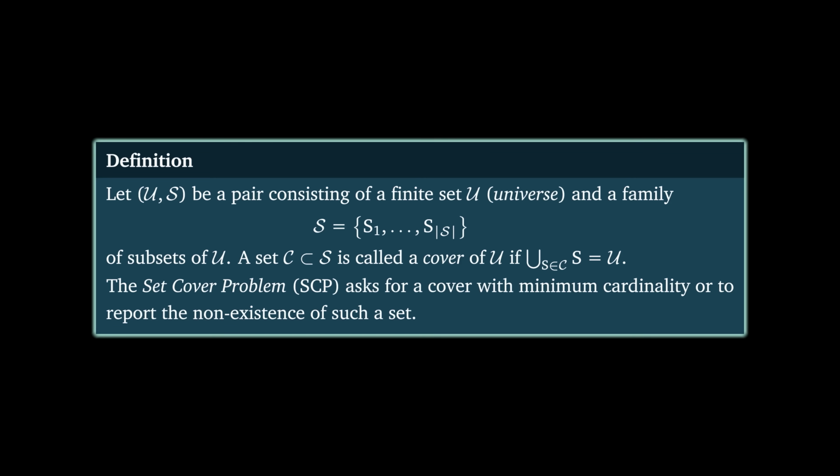In the set cover problem, we are given a finite set of elements called the universe, usually denoted by calligraphic U. Additionally, we are given a family of subsets of this universe denoted by calligraphic S. We are now specifically interested in finding subsets calligraphic C of calligraphic S such that the union of all sets in calligraphic C equals calligraphic U. Such a selection of sets is called a cover of calligraphic U. More precisely, the set cover problem asks now for such a cover of the universe with minimum cardinality.